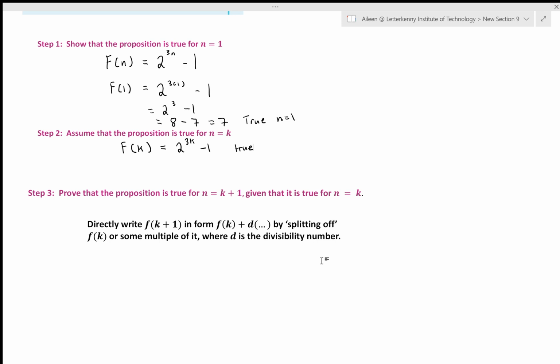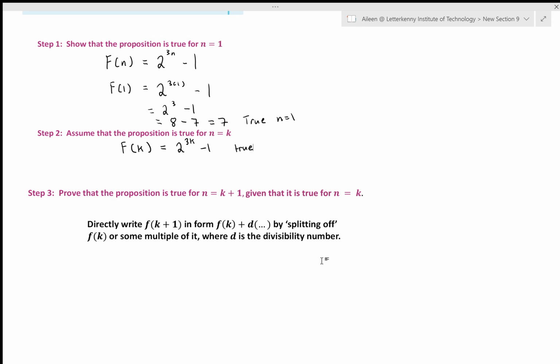We will know then that f of k is divisible by 7 because it is assumed in step 2. And then we take a remainder and we write it as a factor of 7, therefore proving this is also divisible by 7. And so any value k plus 1 is also divisible by 7.